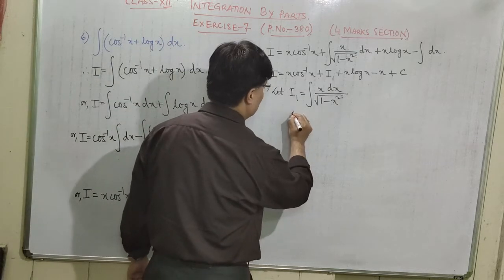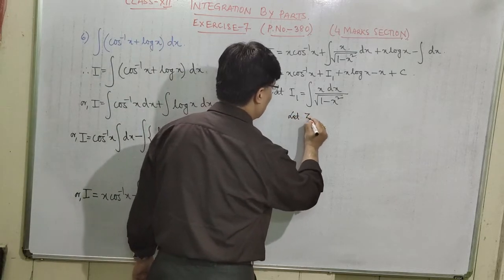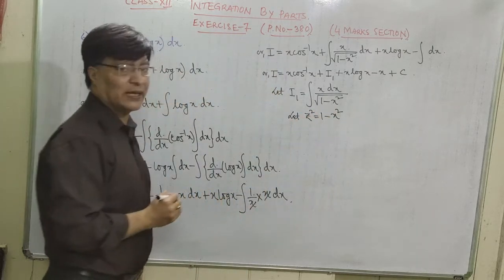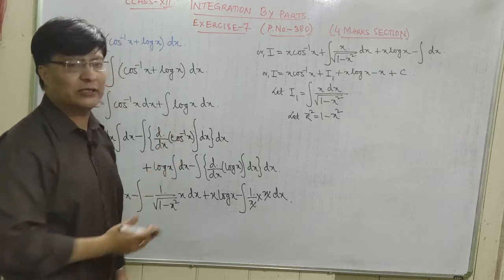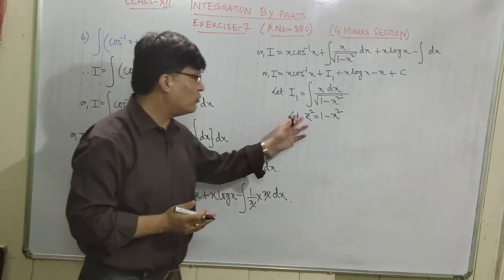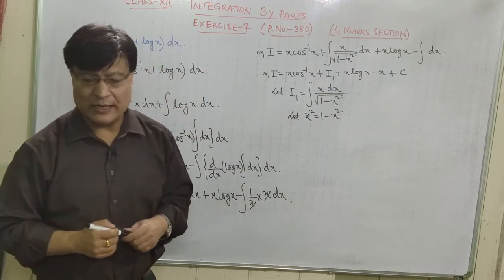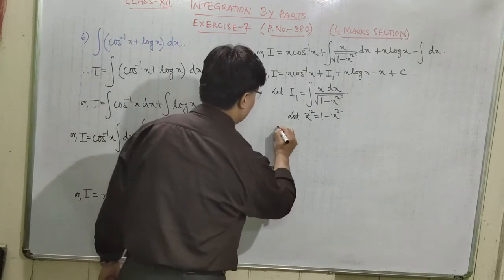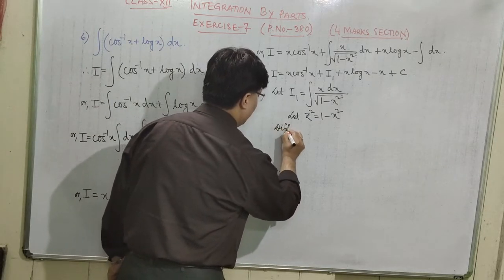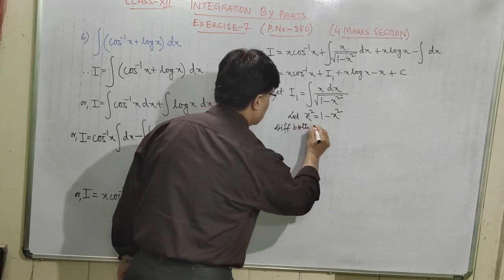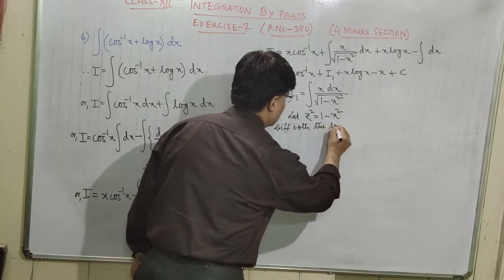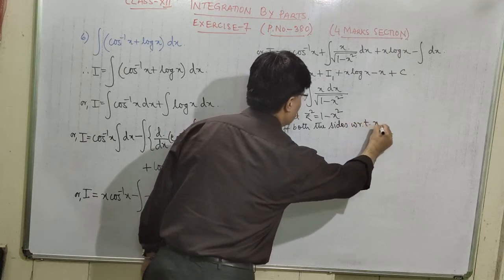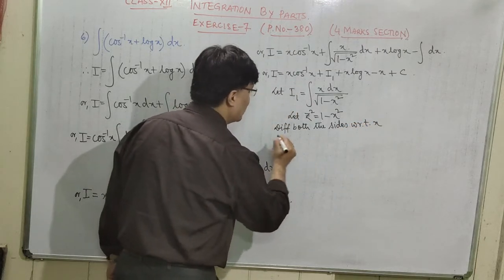So let us assume, let z square is equal to 1 minus x square. So this is the method of substitution. Now which is the new variable? New variable is z. Now you can differentiate both the sides with respect to x. So what do we get?